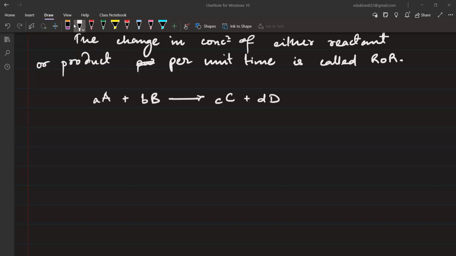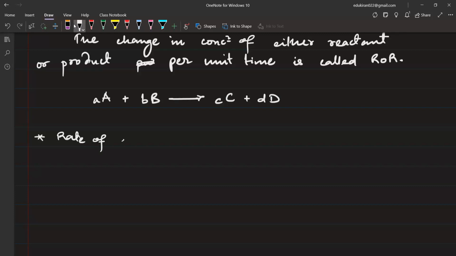So the concentration of A will decrease with time, correct? A is getting consumed, right? Yes, because it is a reactant. So with time, A will start disappearing, or we can say it will get consumed. So I can write a rate of.